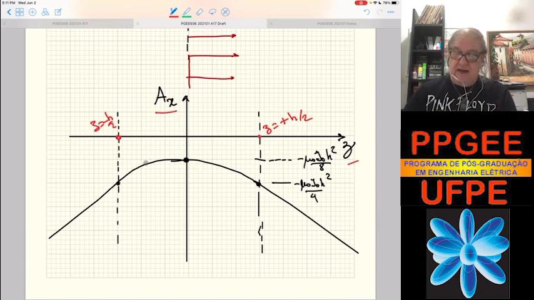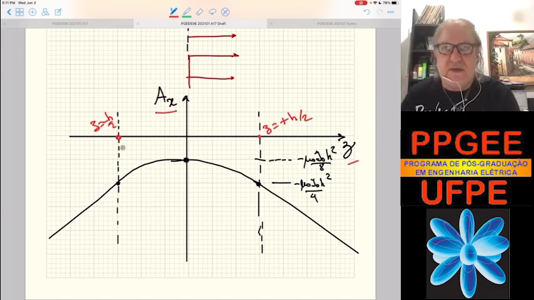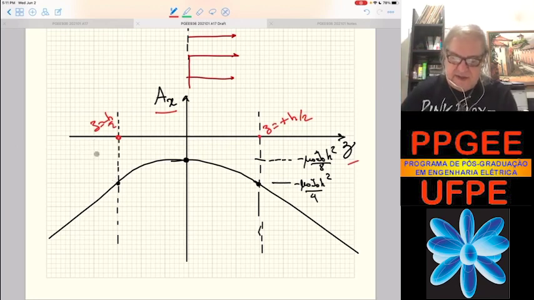So this is a quadratic function, and there is a linear function here, the magnitude of z. You notice that we have a continuous function and a continuous derivative, because the continuous derivative is the tangential H field, which is continuous.